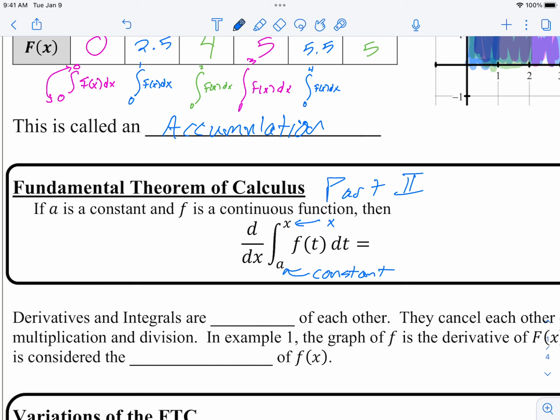I'm going to show you this once, and then I'm going to delete it and show you the long way. That's my job. I get paid big bucks to show you the long, hard way to do things. But the idea is the derivative and the integral cancel, and I am just going to get f of x.